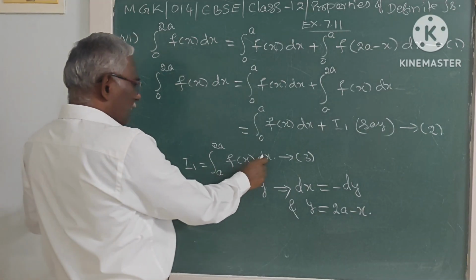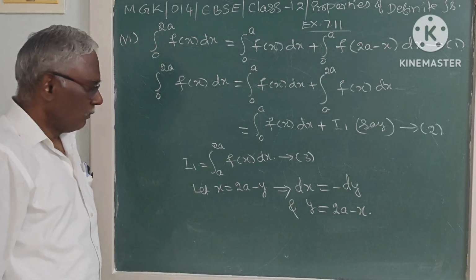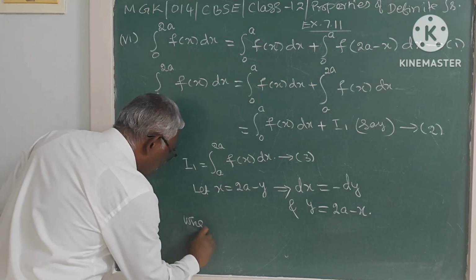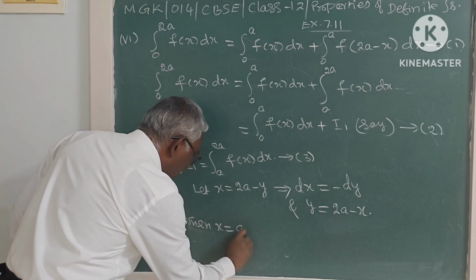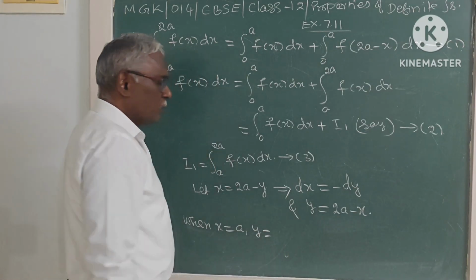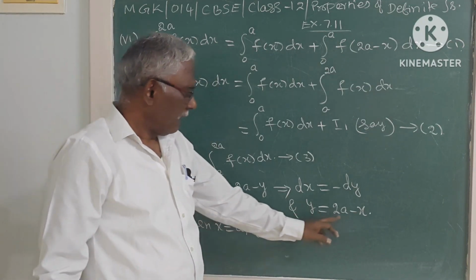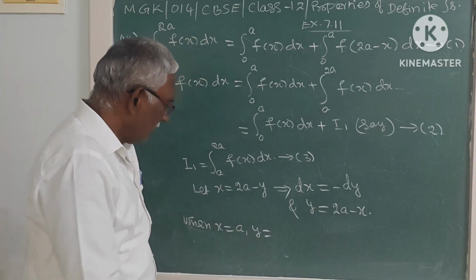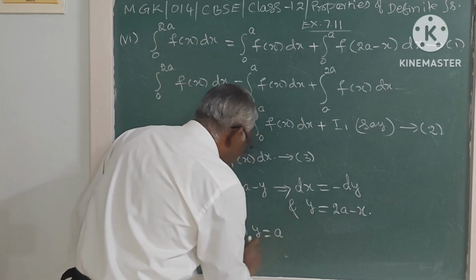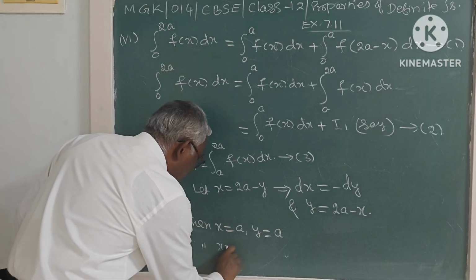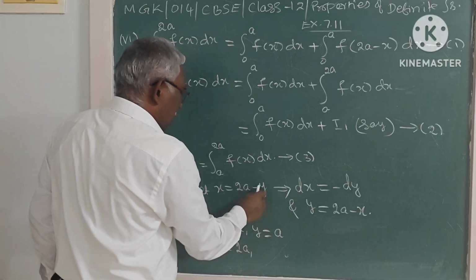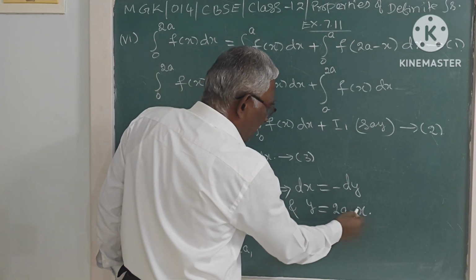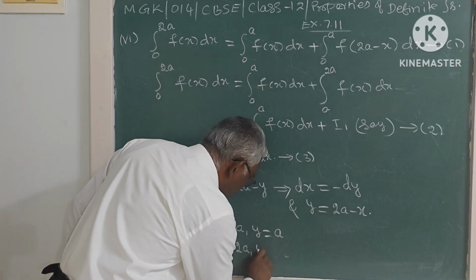When x varies from a to 2a: when x is a, y becomes 2a minus a, which is a only. When x is 2a, 2a minus 2a is 0, y becomes 0.